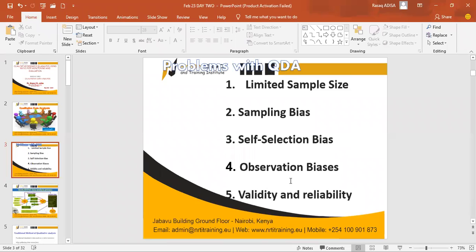Then observation bias: if the approach is observation, whether participant or non-participant, the belief is that when the researcher is in the midst of those he wants to study, their attitude and behavior may change because of his presence.